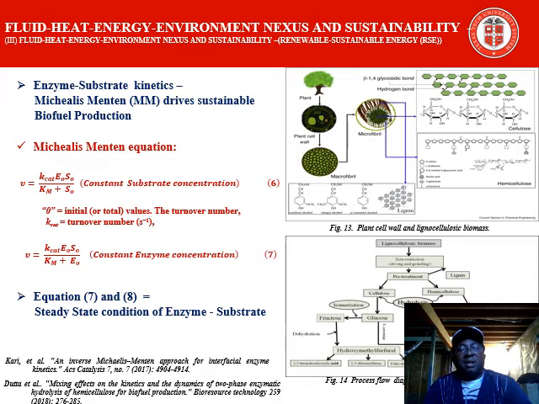Both equations are at a steady state condition, and the adjacent figure shows the raw material, from the plant cell, how hemicellulose and cellulose are being generated or recovered from the plant cell.